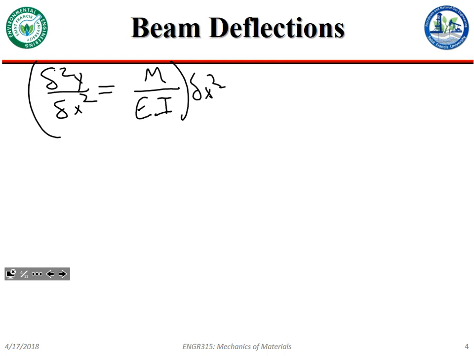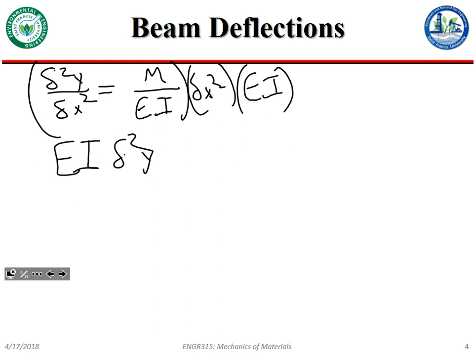They're nothing special. It's just variables. So multiply by dx squared, and let's get everything into the numerator. So we ended up with something like EI d2y equals M dx squared.